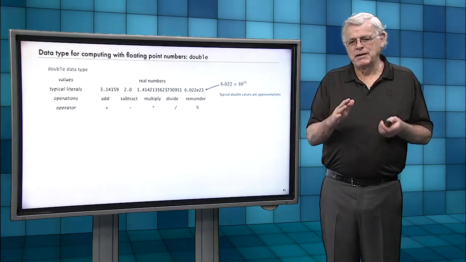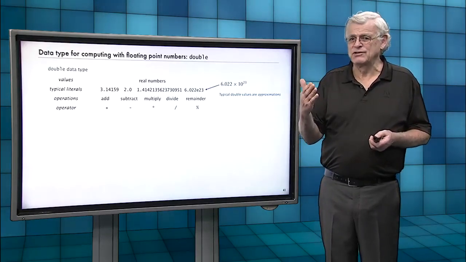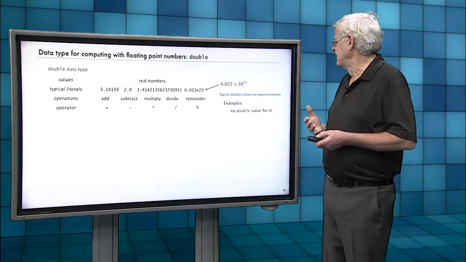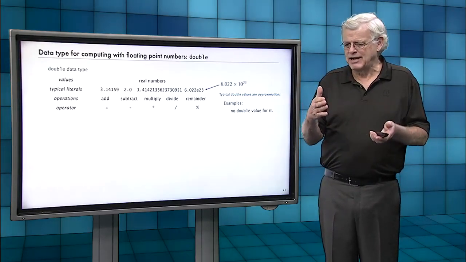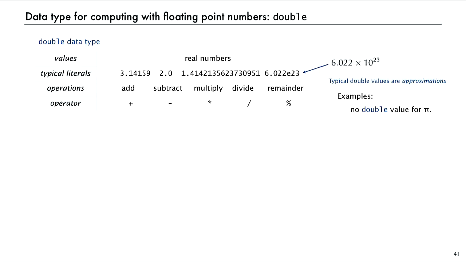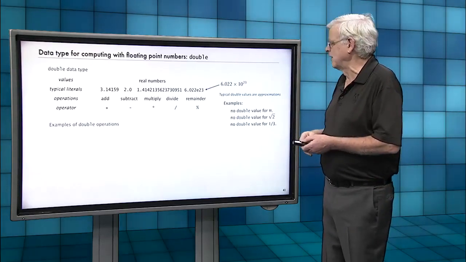Now, it's important to remember that often, or typically, double values are approximations to the actual number you might be thinking about. Like, there's no double value for pi. A representation within the computer can only have a finite number of values, so the same goes for the square root of 2, or even for 1/3. In Java's representation, there's no double value that is exactly 1/3. There's one that's extremely close, but it's not exactly equal to 1/3.